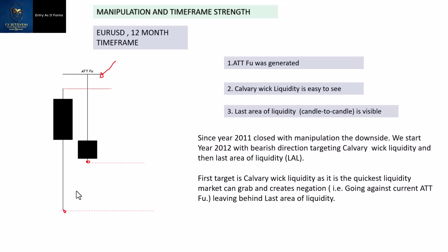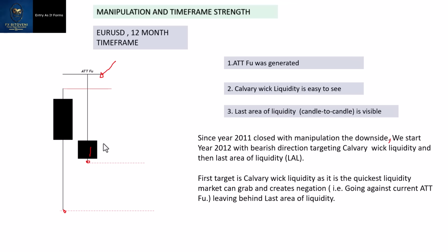So since 2011, this candle closed with manipulation to the downside. We start year 2012 with a bearish direction targeting the weak liquidity and then the last area of liquidity.